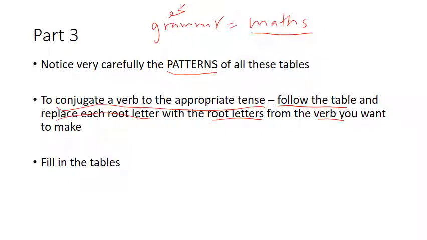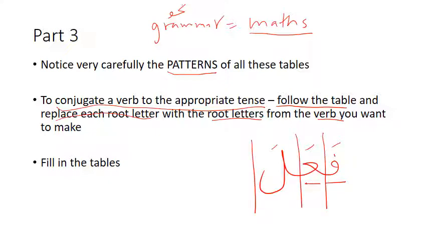So as we all know, the template for all verbs is fa'ala. Okay, so the first letter is the fa letter, the second letter is the ain, and the third letter is the lam.